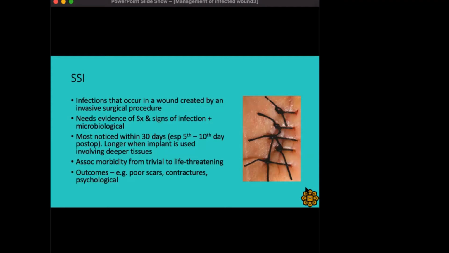But if you have an implant or synthetic material used in deeper tissues, then that period may be longer. It can be very trivial, and it can also be life-threatening, and can cause different outcomes: poor scars, contractures, and psychological problems as well.